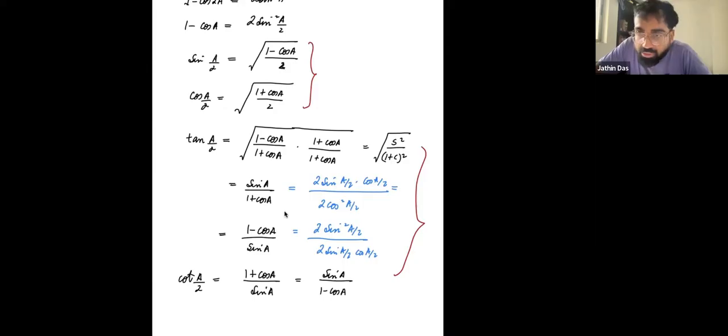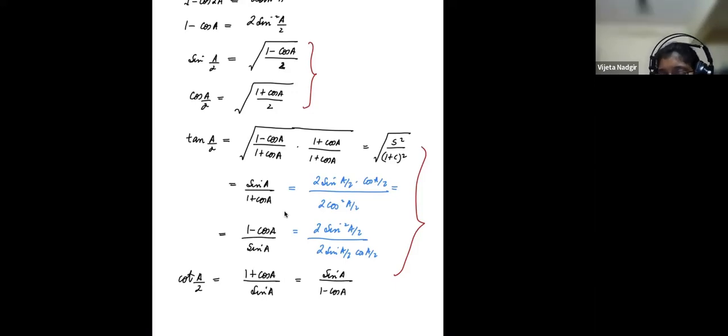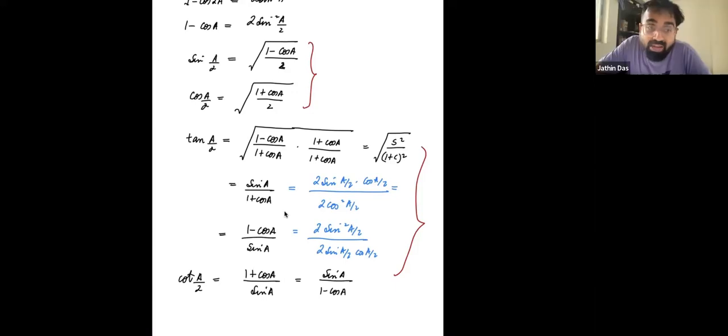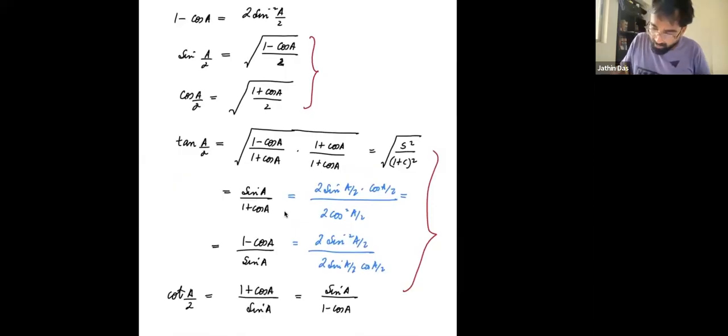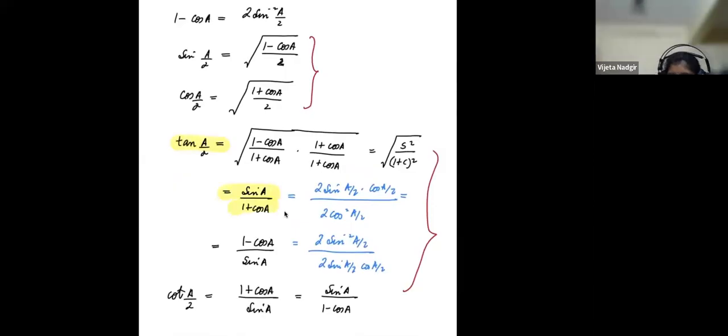Sin 15 is root 3 minus 1 by 2 root 2. Cos 15 is root 3 plus 1 by 2 root 2. Tan 15 is 2 minus root 3. Either you can write it in that form, but finally it comes as 2 minus root 3. Did you write this first?